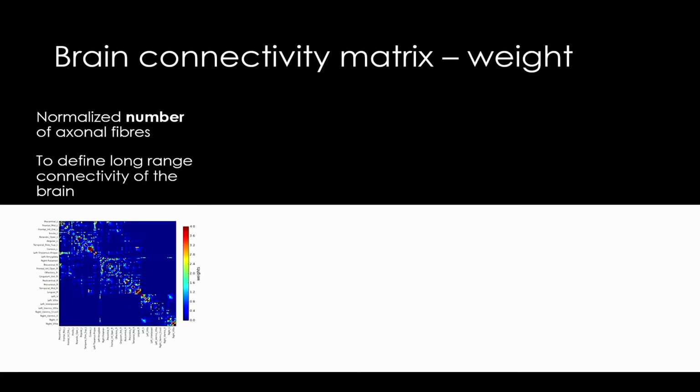Okay, and in particular, when we are working with TVB, we usually have to define three different matrices, three different kinds of weights. The first one is the normalized number of axonal fibers, so we can define the weight, how strong a connection is.